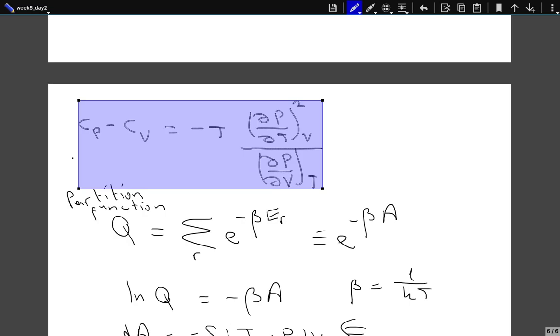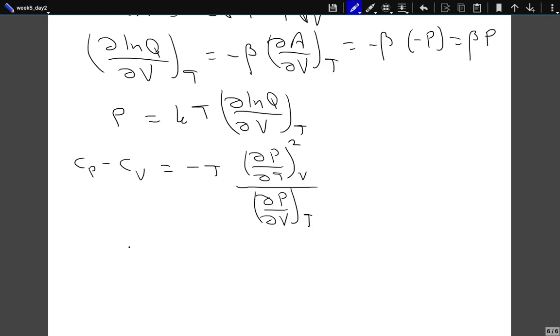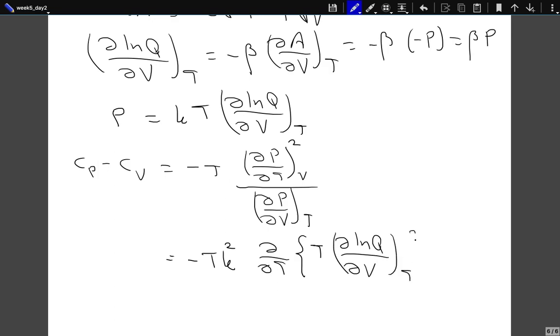Now, in our original expression, Cp minus Cv is just written in terms of the derivatives of P. Well, I know what P is. This is minus T times the derivative with respect to T of P, which is kT times the derivative of the logarithm of q with respect to V at constant T. That T derivative is at constant volume. All of this is squared.